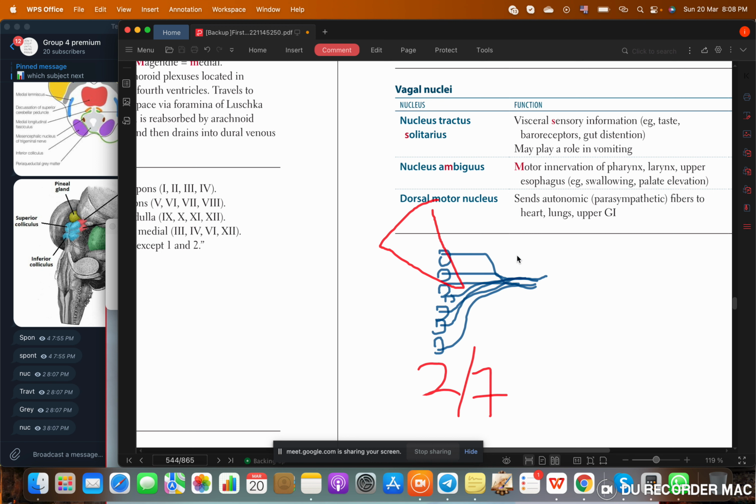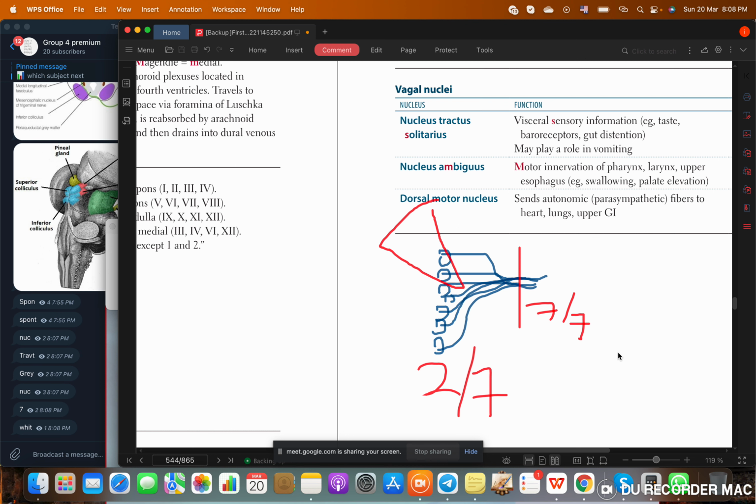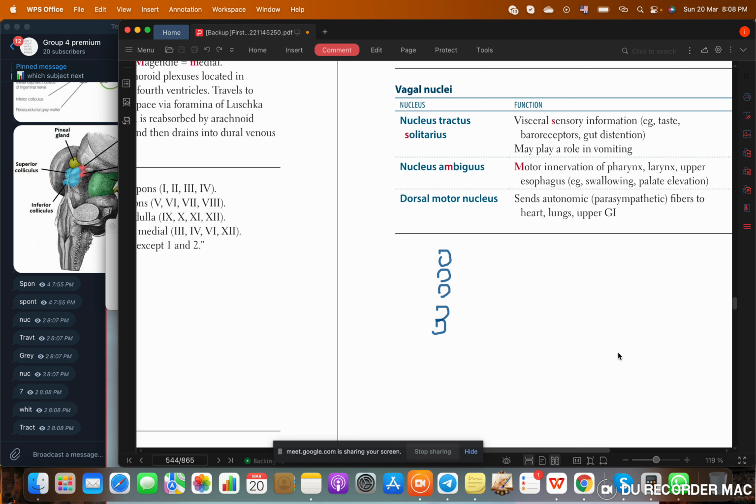But if you cut this, how many have you destroyed? 7 out of 7. So which one is more dangerous? Absolutely, the white matter injury, which is the tracts. Everybody makes this mistake.